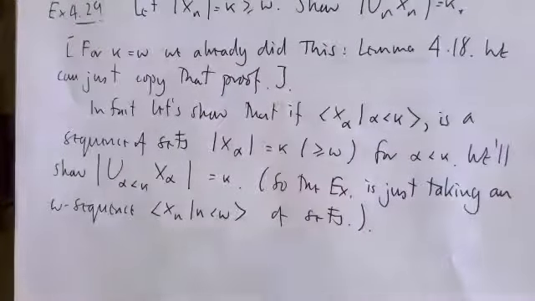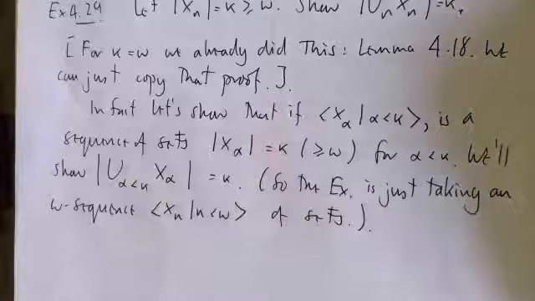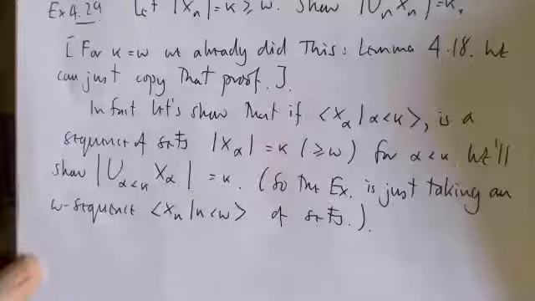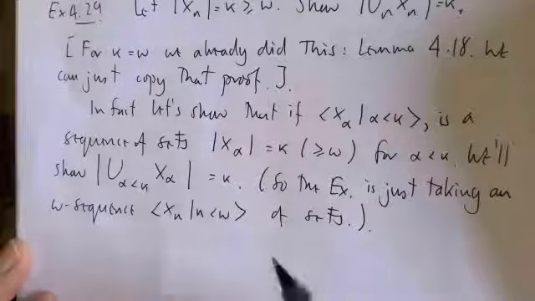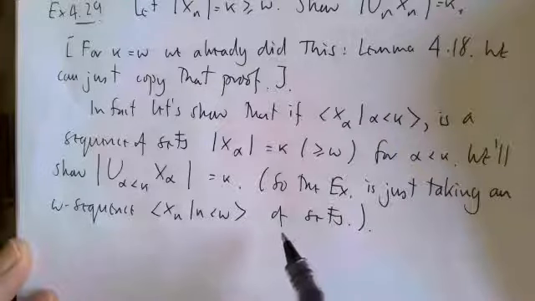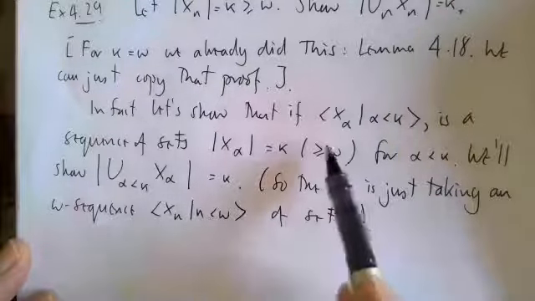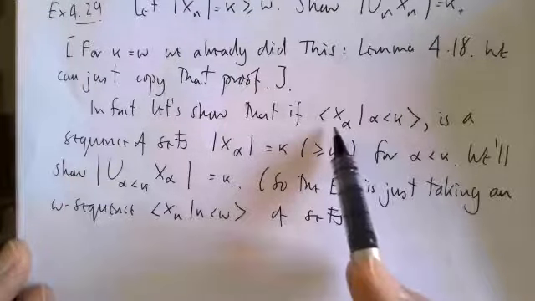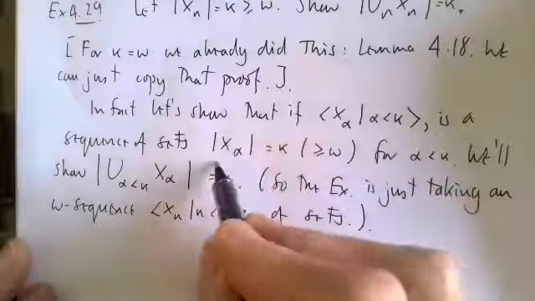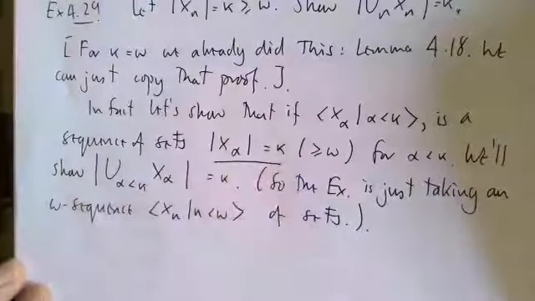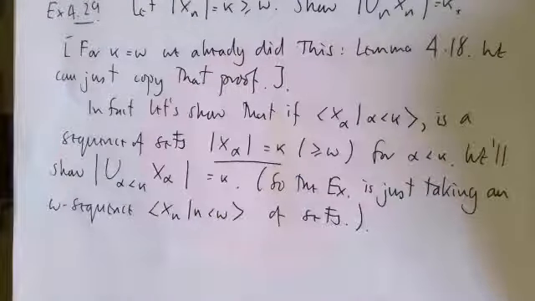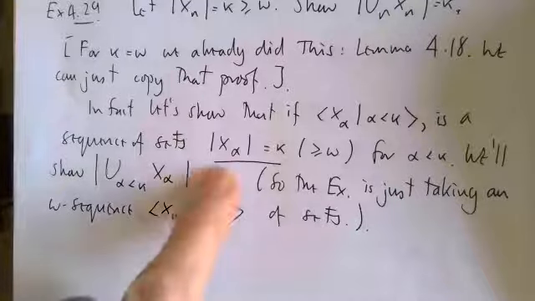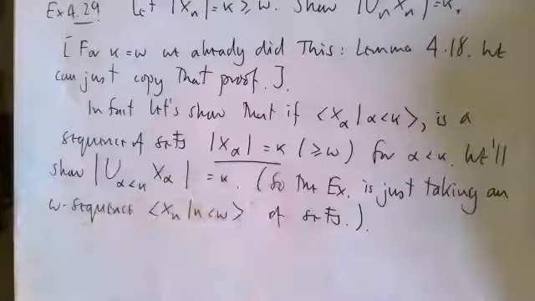We just use the ideas of the previous proof. So again, the difficulty, if there is one, is because all we're told is that these sets have size kappa, we haven't actually been given the bijections between X alpha and kappa.